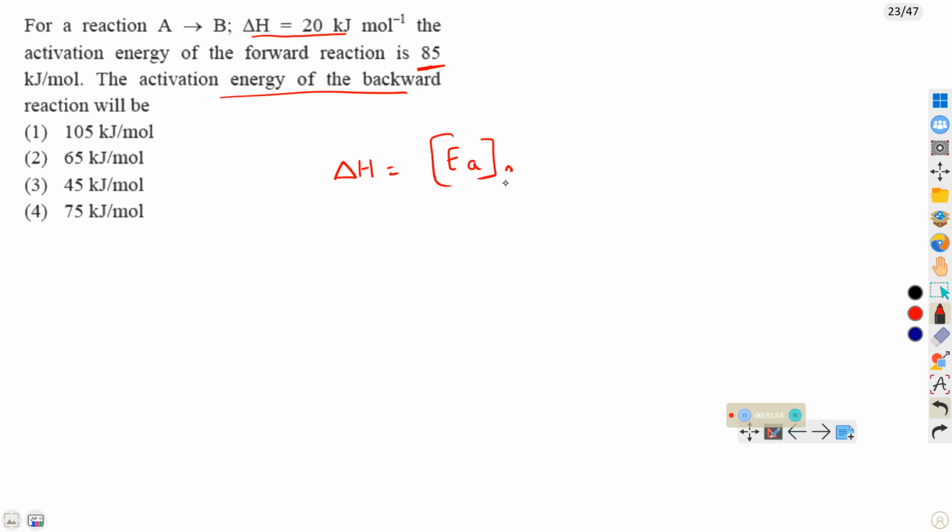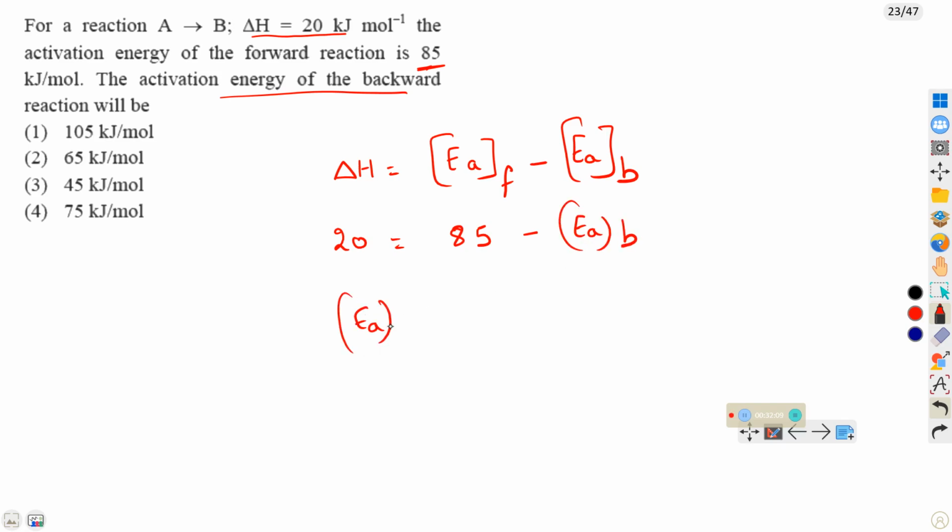Activation energy of forward reaction minus activation energy of backward reaction. 20 is equal to 85 minus activation energy of backward reaction. Activation energy of backward reaction is equal to 85 minus 20, that is equal to 65. So the second option is correct.